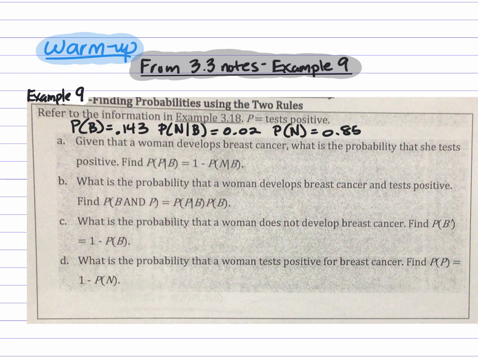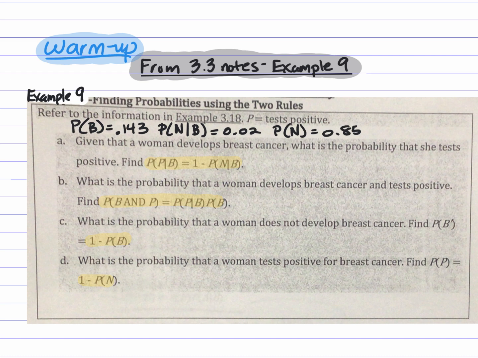Okay. So in part A, it says, given that a woman develops breast cancer, what is the probability that she tests positive? And it even does a great job of helping us know how to find these values. It does this in each one of the examples, and I really appreciated that here. So the probability of a negative test, given that she has breast cancer, then this is just the complement to that.